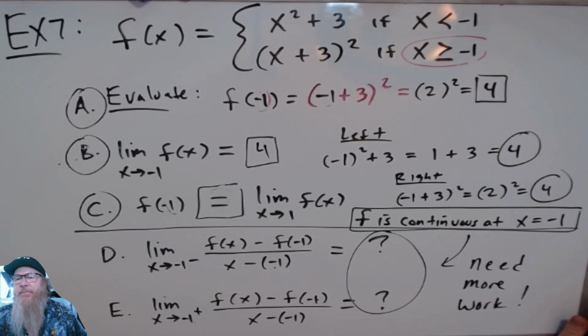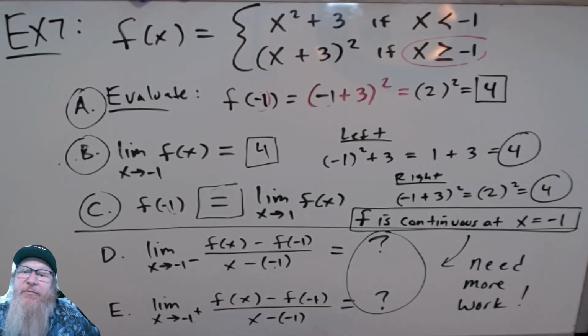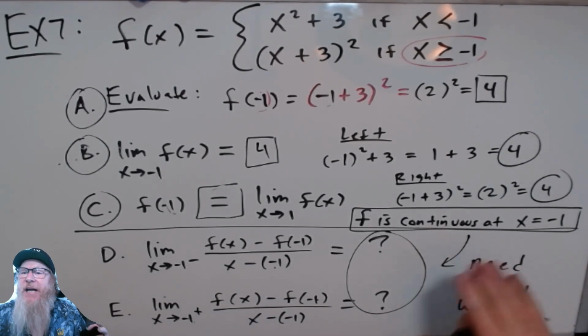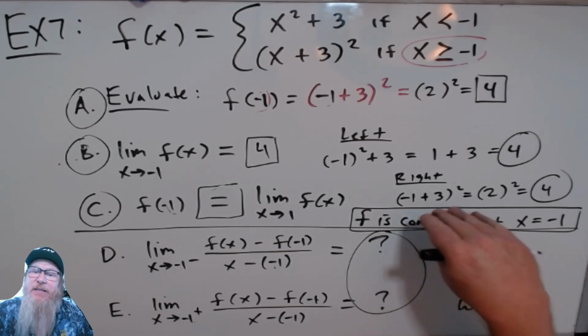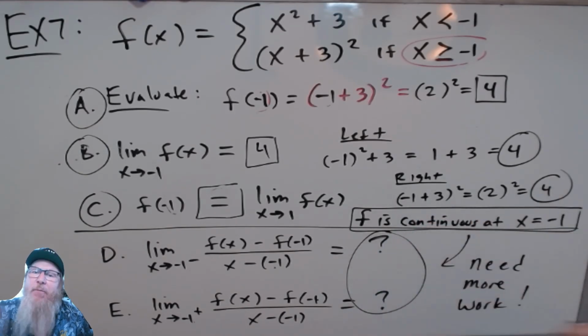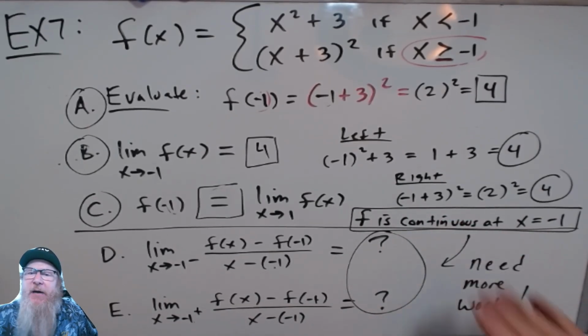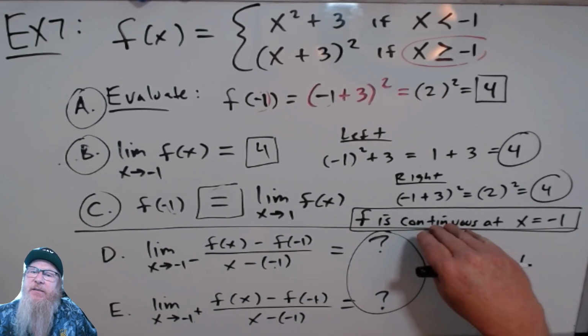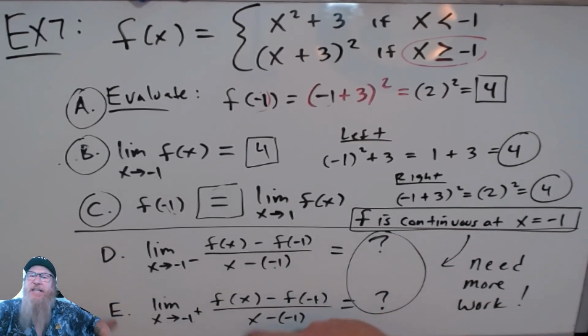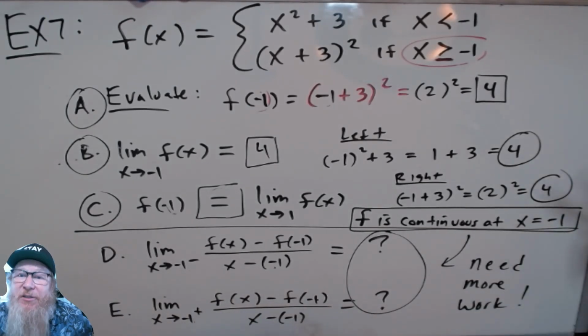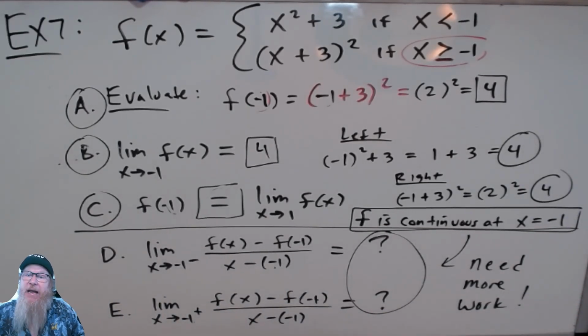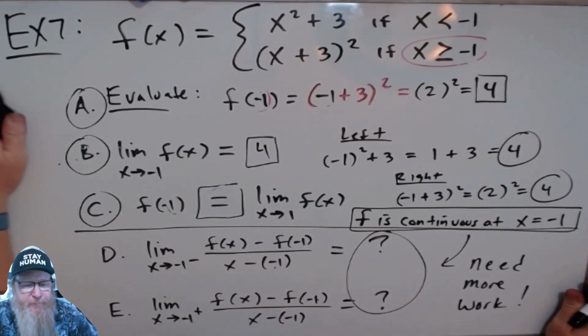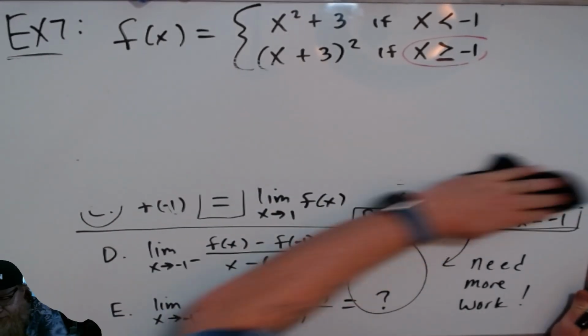If you're doing your homework, you might cross your fingers and hope that this comes out to be discontinuous, or maybe try multiple versions of the problem. If you get one where it's not continuous, then you don't have to do D and E. You could just say they don't exist. You still have to enter D and E to get credit, but you don't have to do any work. All right, so we're going to need some more space.